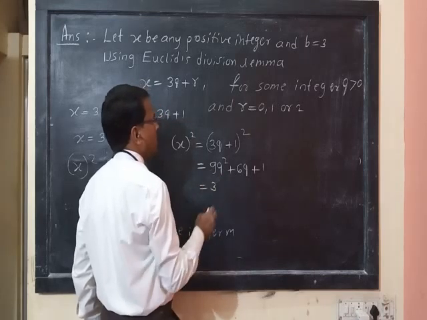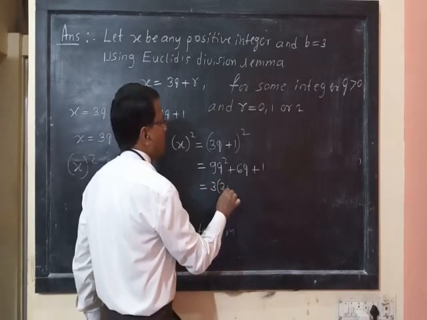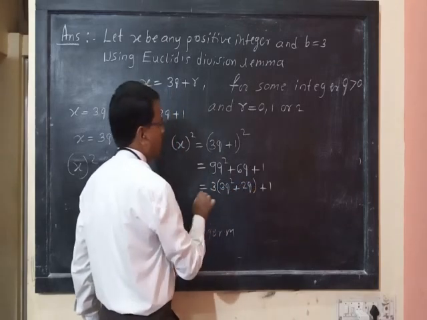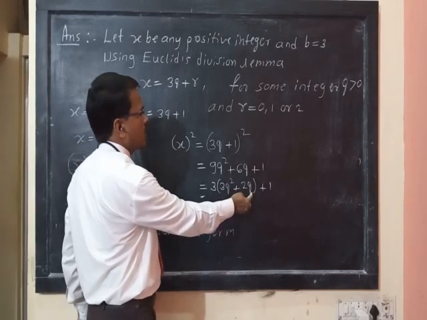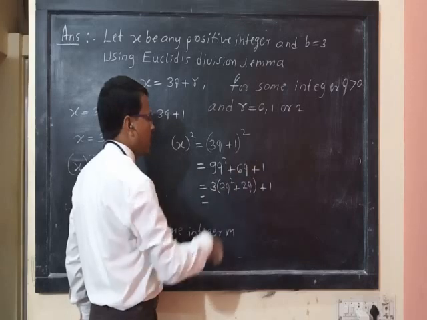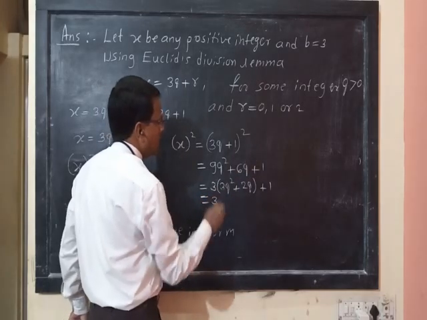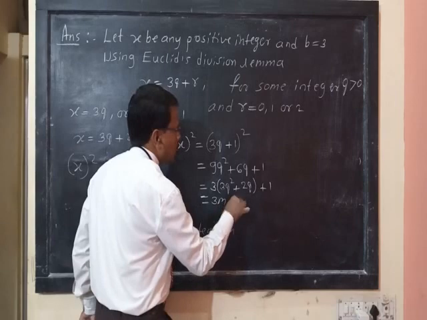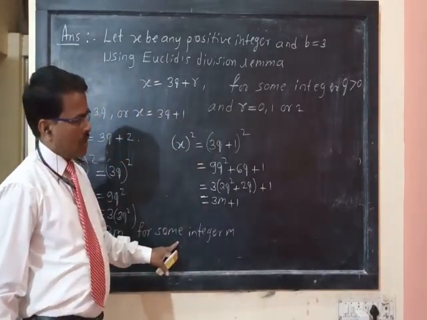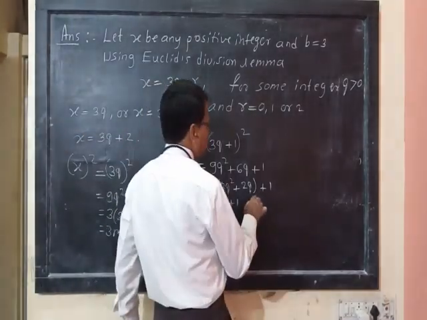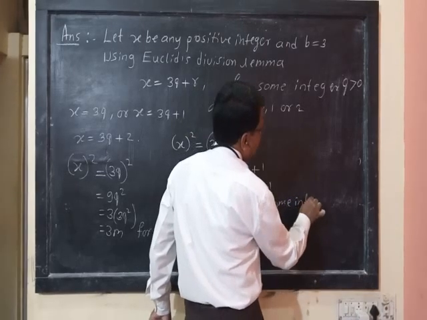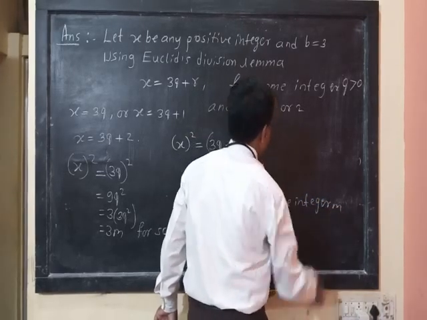If I take 3 common, it becomes 3 into 3q square plus 2q, plus 1. Here again q is an integer, 2q is also an integer, q square is an integer, 3q square is also an integer, and the sum of these two is again one integer. So for that I will write m. So 3m plus 1, again where m is an integer, for some integer m. Okay.